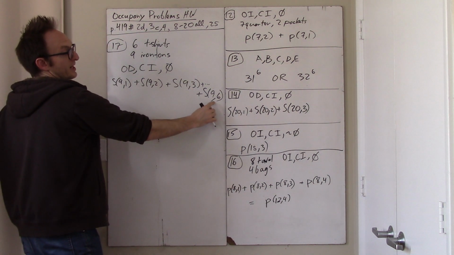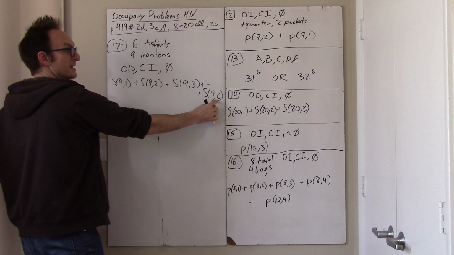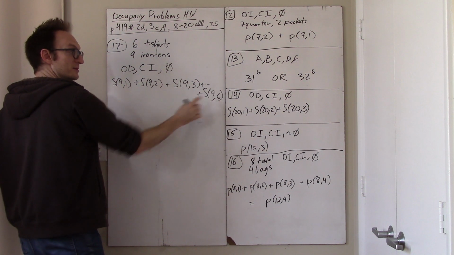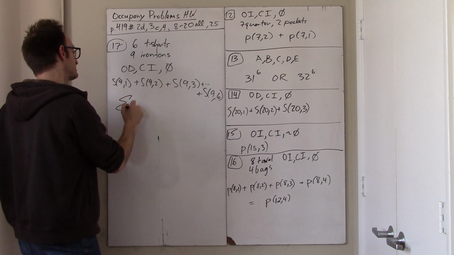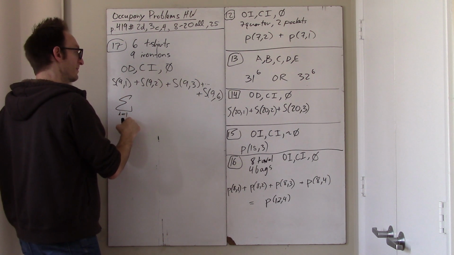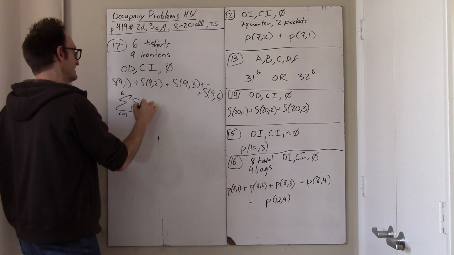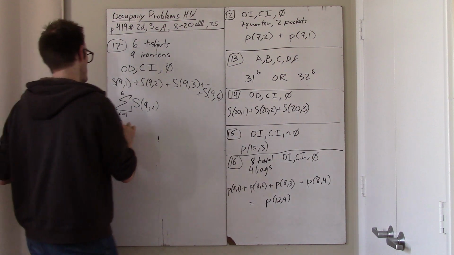This would be the number of ways of putting the 9 designs into 6 different piles, or putting them onto 6 different t-shirts. Okay, so this whole thing is the sum from i equals 1 to 6 of S(9,i), is one way of putting this problem. Okay, good. A couple more.